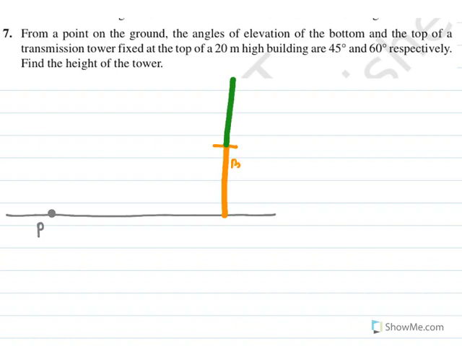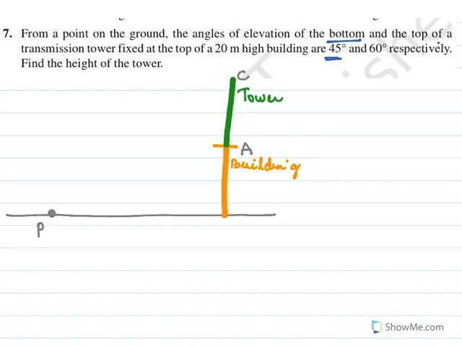So let me write now, this is building, and here is transmission tower. We'll mark the points as A here and C. This is the top of the tower. Now the angle of elevation of the bottom is 45 degrees. So let's draw the angle of elevation of the bottom.